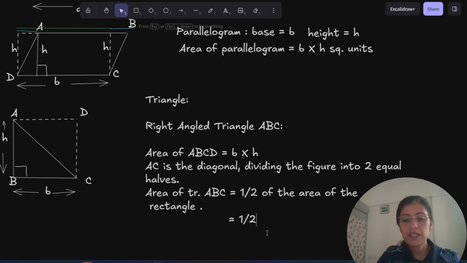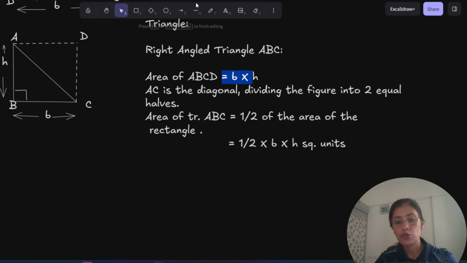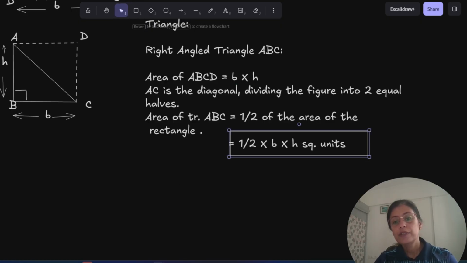The area of ABC will be half into B into H square units, right? Because this area of ABCD was B into H. So this area of triangle ABC will be half of B into H. So this forms the formula for the area of a triangle.